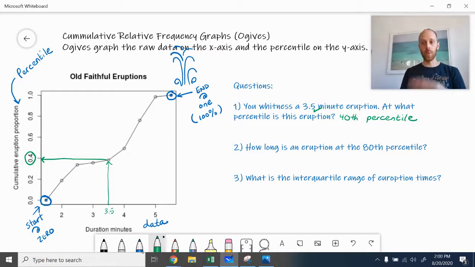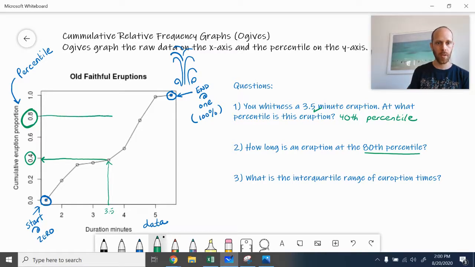Let's talk about a problem that goes in the other direction. How long is an eruption at the 80th percentile? Well, since it mentions percentile, we want to begin by coming over here where the percentiles are. And 80th percentile refers to 0.8. And so from there, I am going to track across to the curve. Looks like it's hitting right about here on the line.